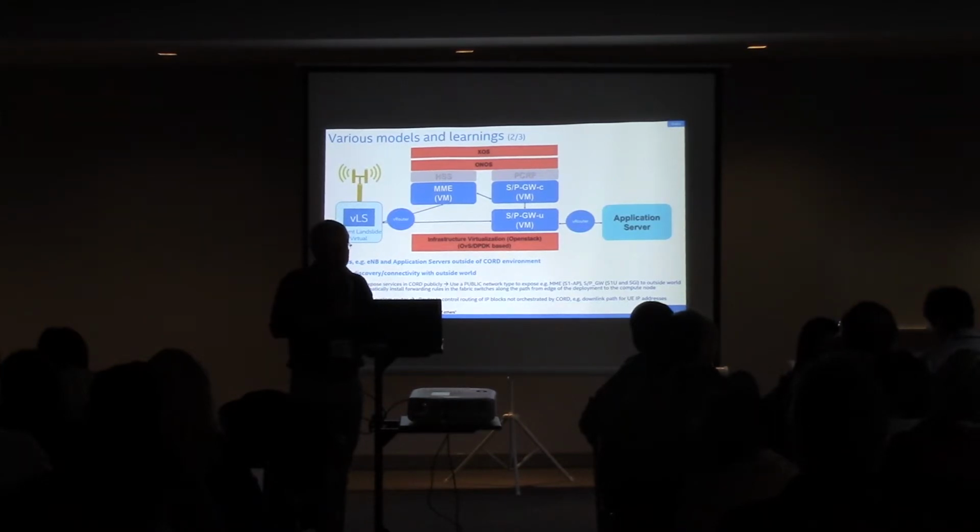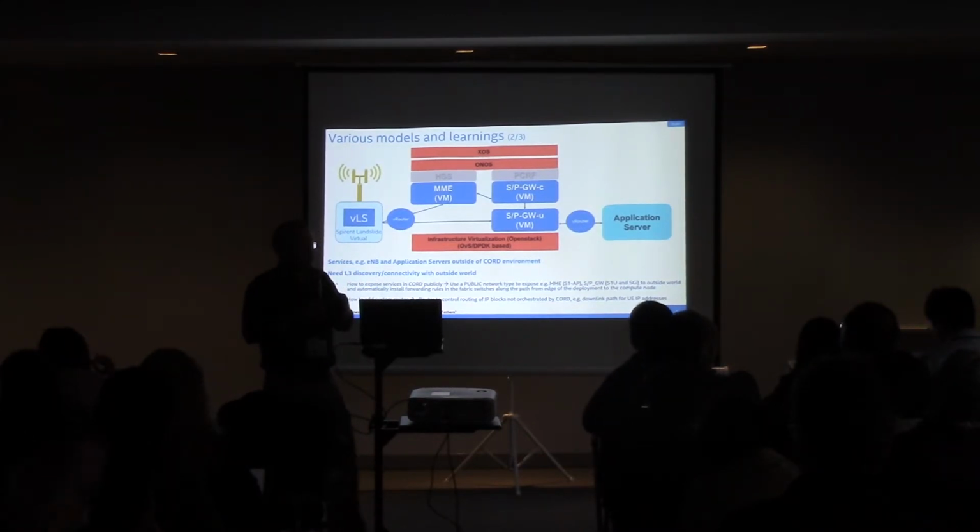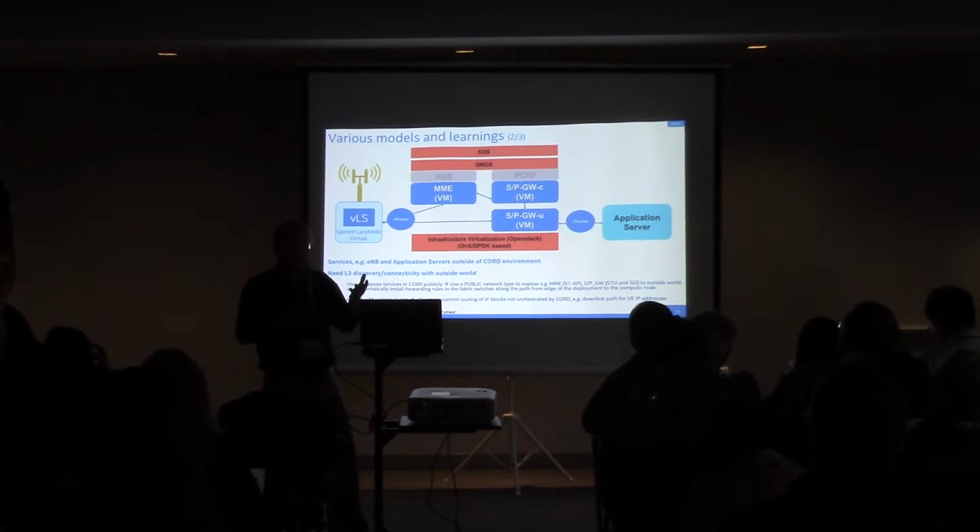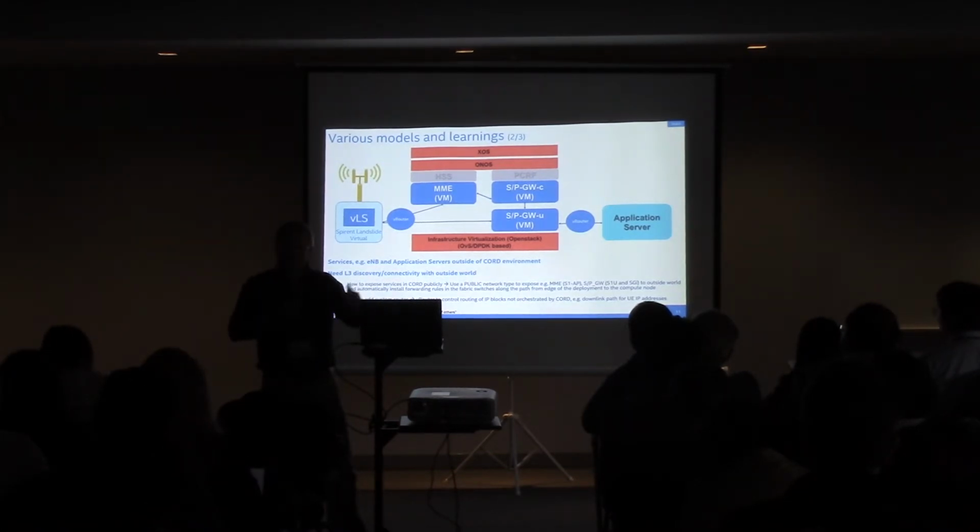Well, in this case, you need to discover these addresses, right? And you need to tell automatically. Today, we still do it by hand here. We force some ARP entries in the various modules so traffic can go through, right?